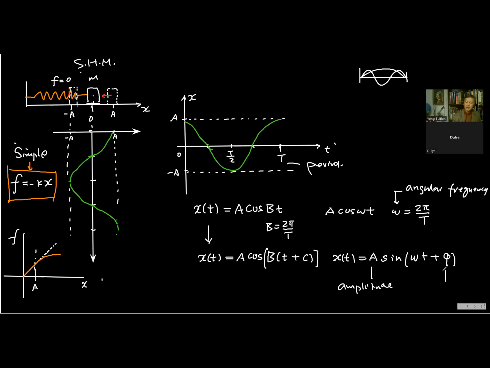Anyway, the whole thing is called the phase, because I noticed that sometimes they use this terminology in physics. And this phi here is called the initial phase. That's some related ideas.